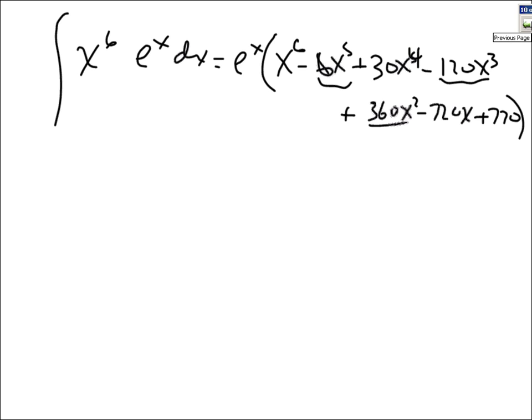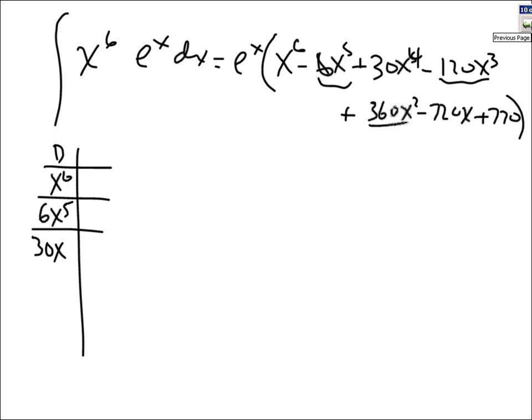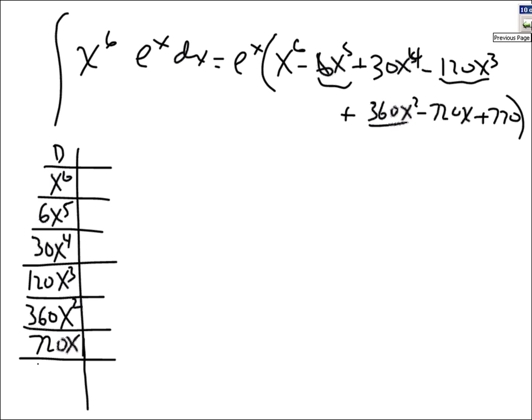You want to see this more formally? Derivative of x to the 6 is 6x to the 5th. The derivative of that is 30x to the 4th. The derivative of that is 120x cubed. Then 360x squared. And then 720x. And then 720.